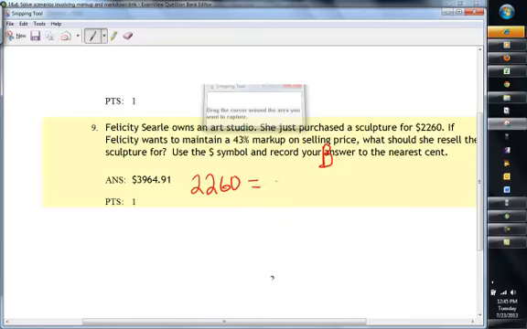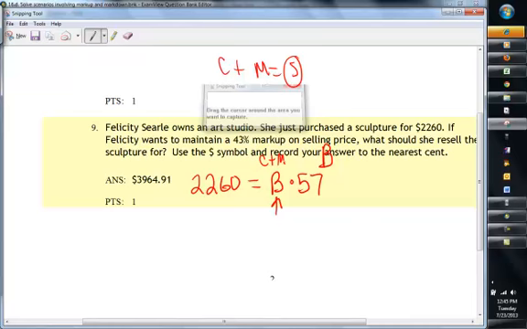So she's only going to pay 57%. The formula says cost plus markup is selling price. Since we've got the base is the selling price, this is cost plus markup right here.